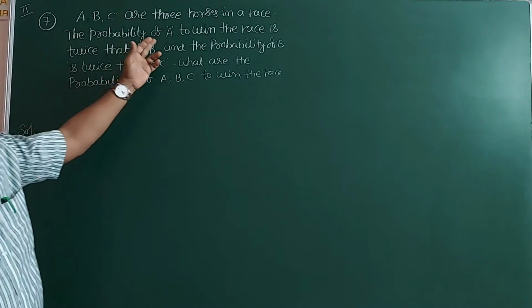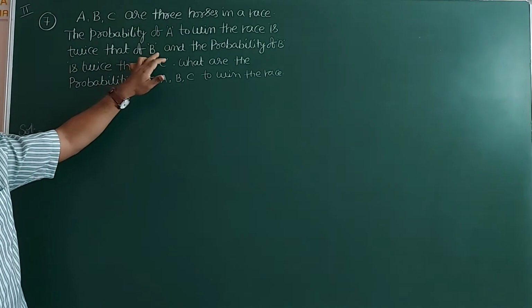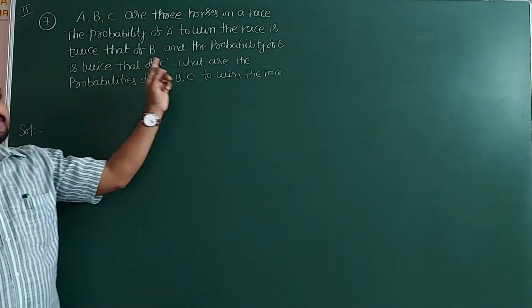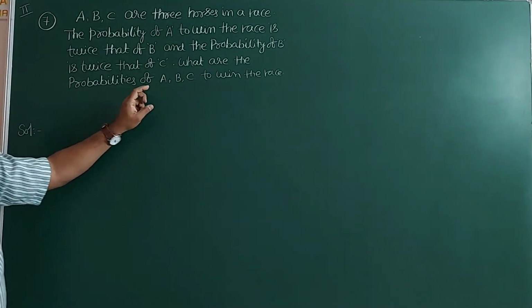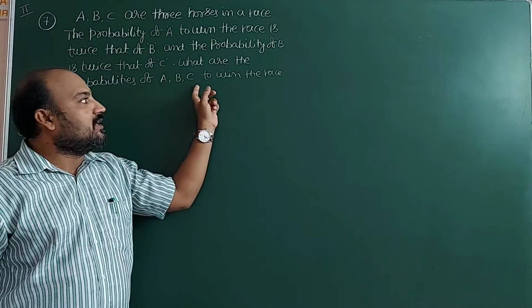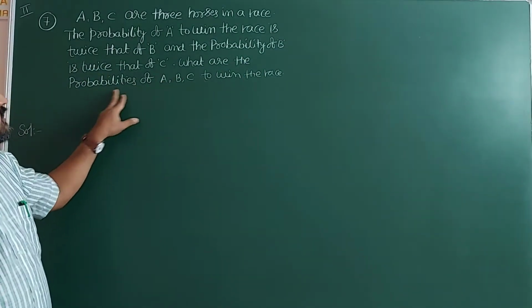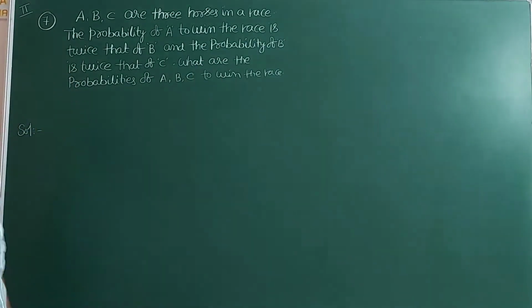The probability of A to win the race is twice that of B, and the probability of B is twice that of C. What are the probabilities of A, B, C to win the race?